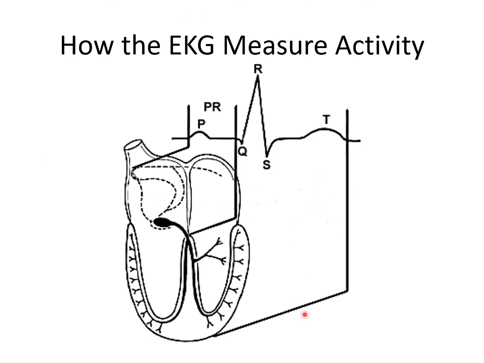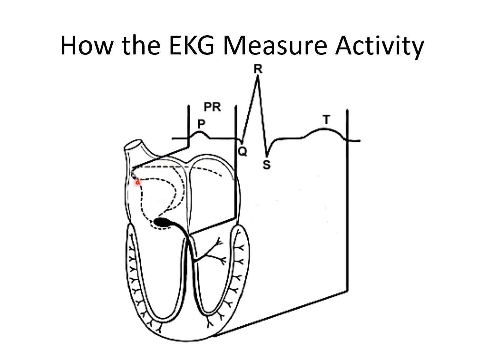This is a representation of how the EKG measures activity. At the top, you'll see a single heartbeat, P, Q, R, S, T. Okay, so if you want to see what electrical activity is occurring in each of these components of our EKG waveform, the P wave is going to represent the electrical impulses across the atria.